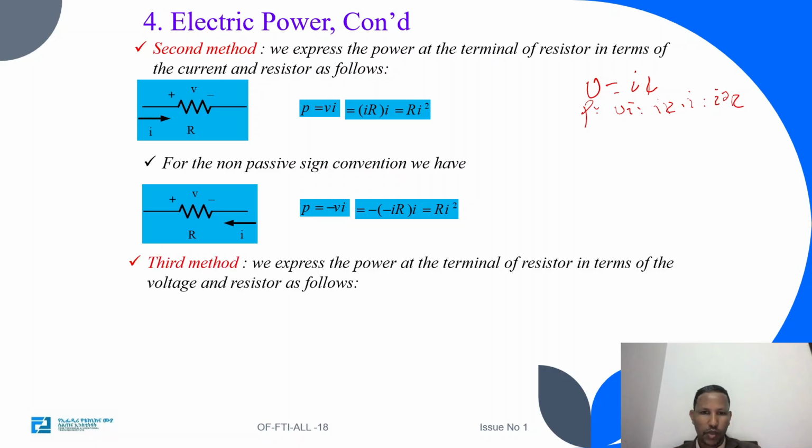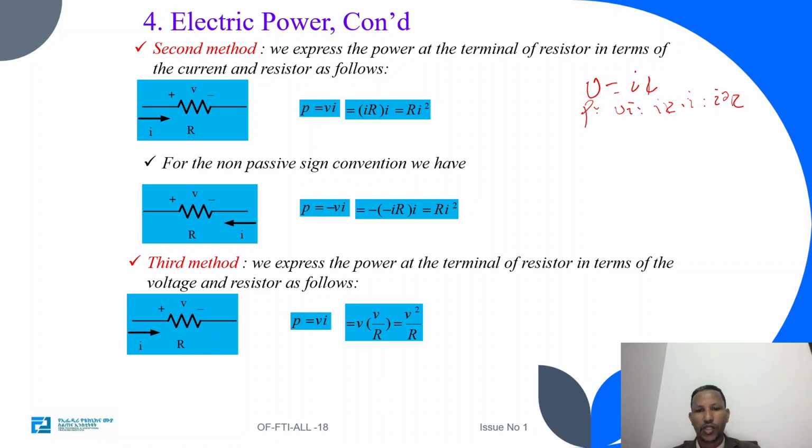For the third method, we express the power at the terminal of a resistor in terms of the voltage and resistor as follows. This is the passive sign convention. Current can be expressed as voltage over R, so from P equals VI, we get V times V over R, which is V squared over R. Using this, we can determine the power using voltage and resistor, using current and resistor, or using voltage and current.